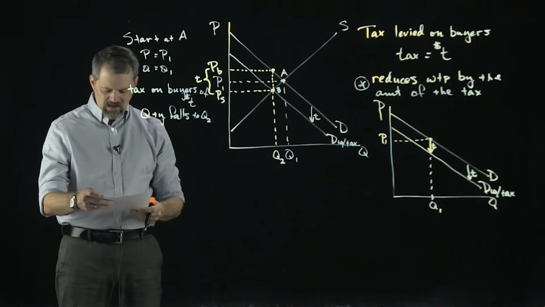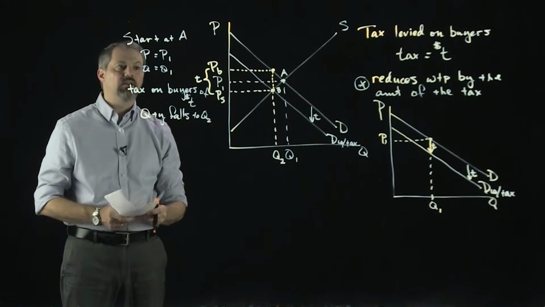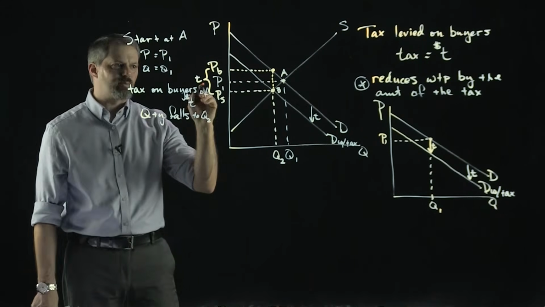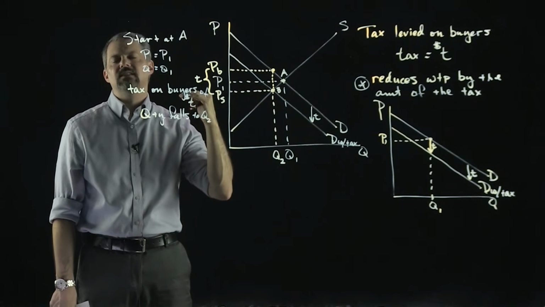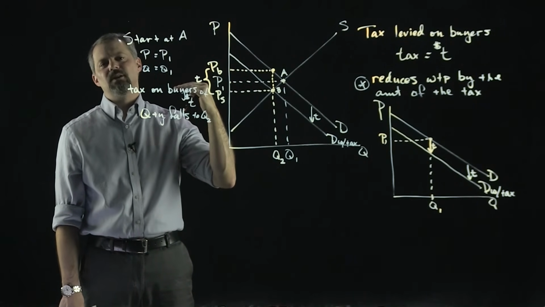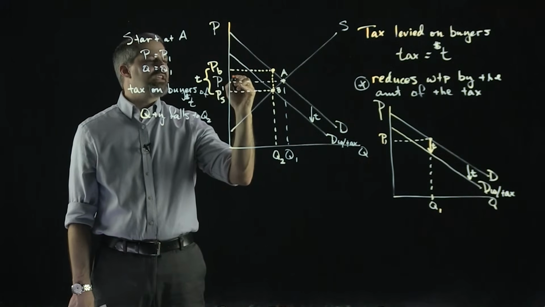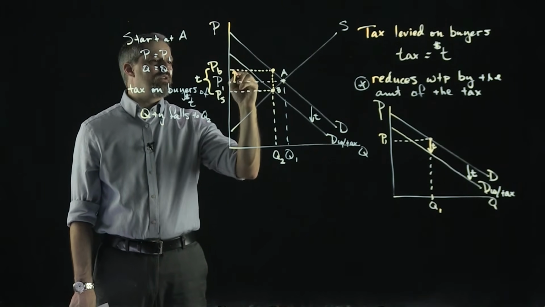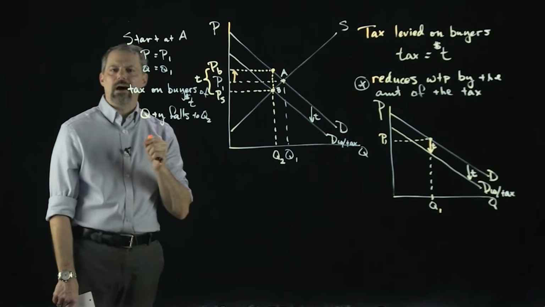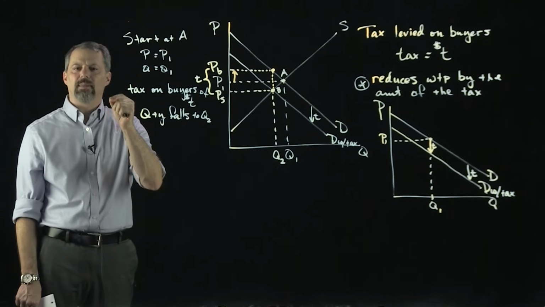And we can think about how much it drives the seller's price down versus how much it drives the buyer's price up. If we look at where price started, it's right here. That distance right there is how much it drove the price up for buyers.